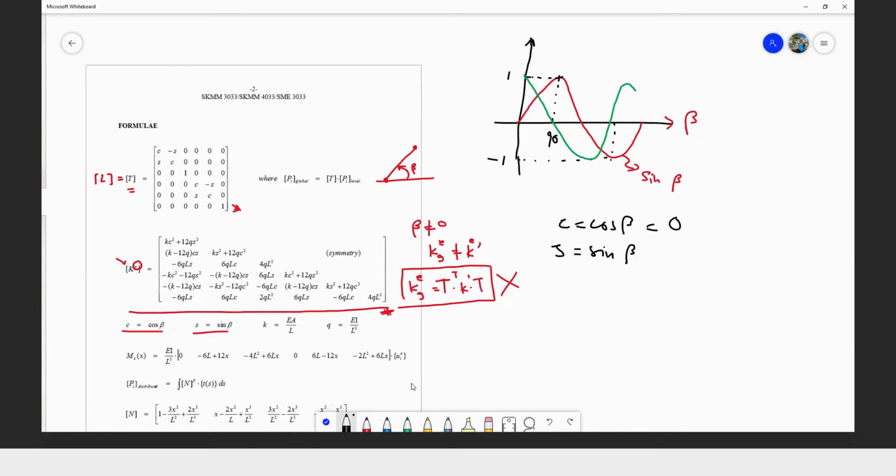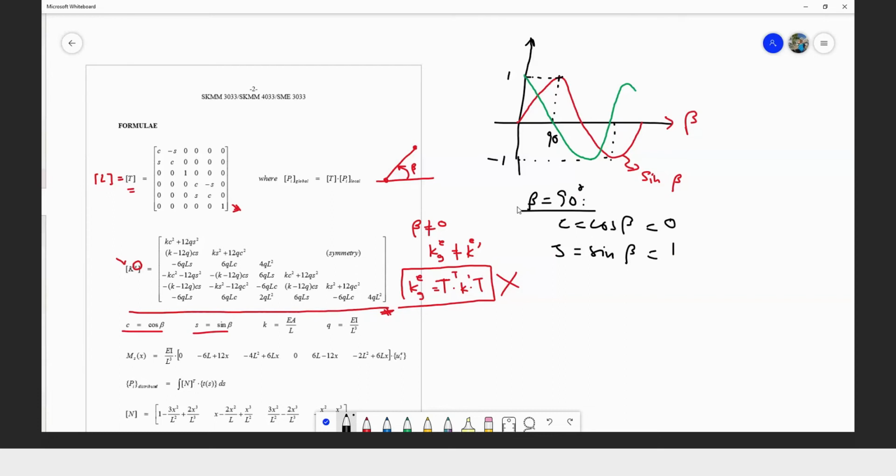Ini terbalik ni. Cos kita dapat 0. Okay, sine adalah 1 in this case. So we are looking for beta equal to 90 degrees.